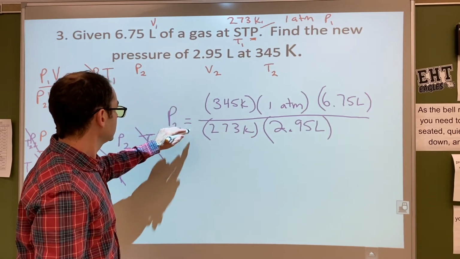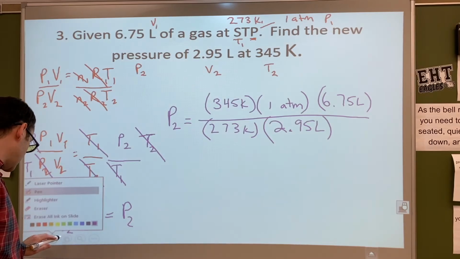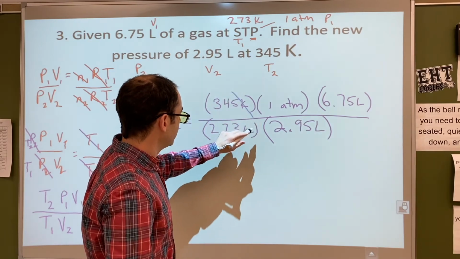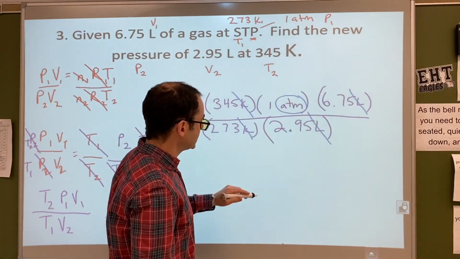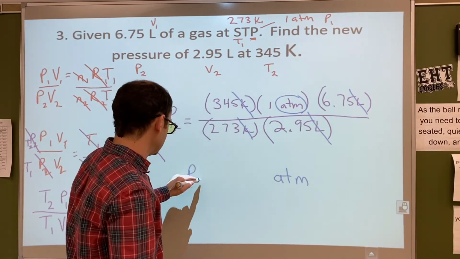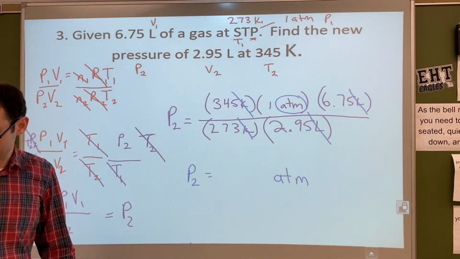All right, let's cross out the units that are the same on the top and the bottom, and then we'll plug it into our calculator and get an answer. So we have the temperatures are gone, liters are gone. All that's left is ATM, which is awesome because we're looking for an ATM. Right, we're looking for P2. All right, so let's multiply.